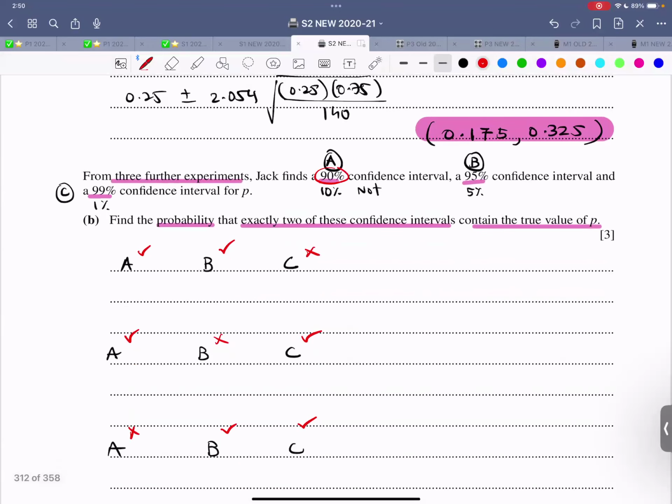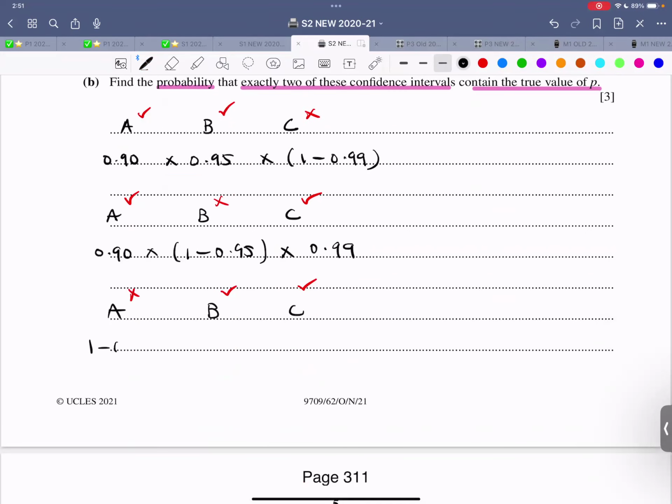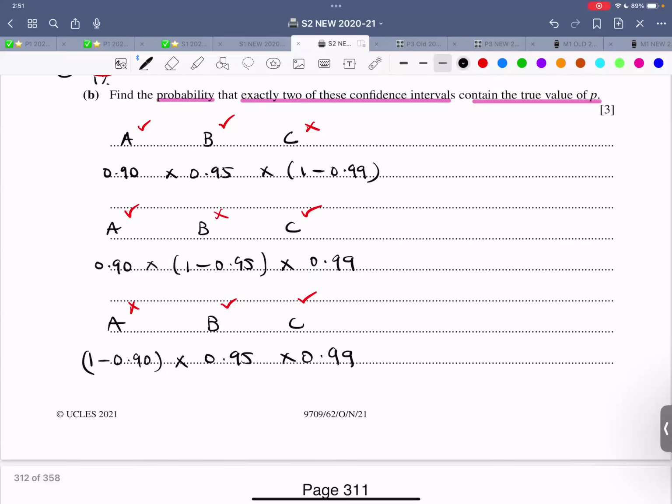So yes is basically 90%, 95%, 99%. Therefore, I'll write 0.90 times 0.95 times not, which is 1 minus 0.99. This is 0.90 times 1 minus 0.95 times 0.99. This is 1 minus 0.90 times 0.95 times 0.99.